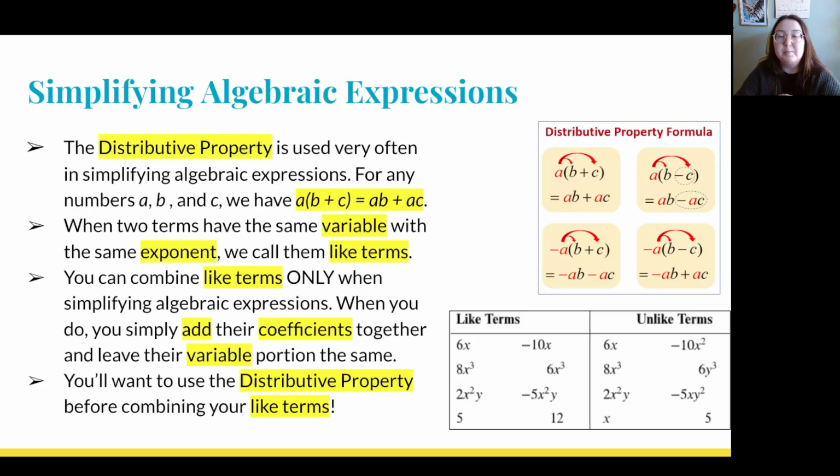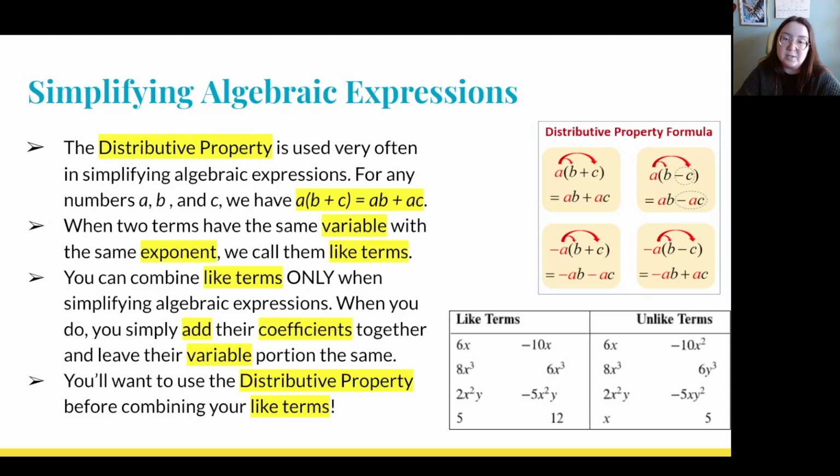So you can combine like terms together. This will be typically when you have a plus or minus in the situation. So if you are adding or subtracting like terms, you can do the operation with their coefficients and then keep that same variable and exponent on it. We'll see a little bit what that looks like later.